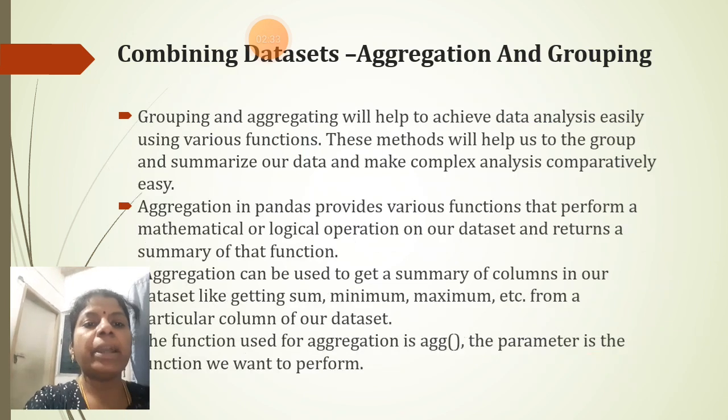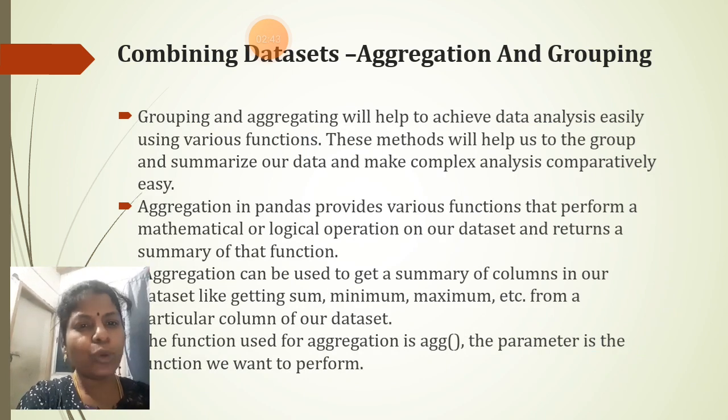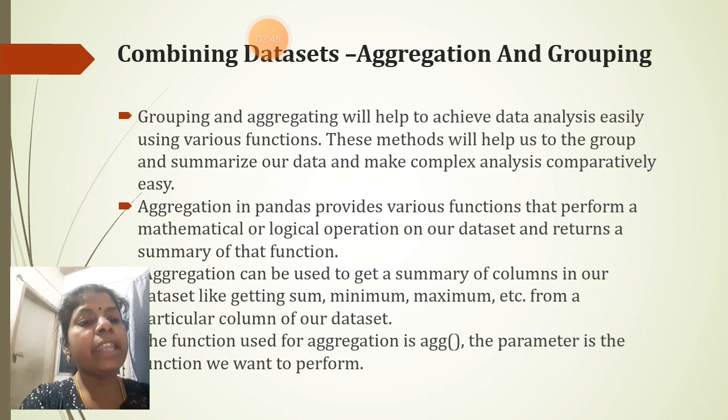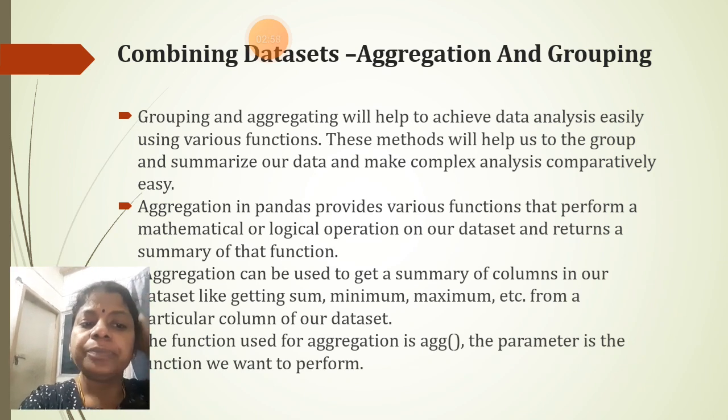The next topic is combining data sets, aggregation and grouping. Grouping and aggregating will help to achieve data analysis easily by various functions. These methods will help us to group and summarize our data and make complex analysis comparatively easy. Aggregation in Pandas provides various functions that perform mathematical or logical operations on our data set and return a summary of those functions.